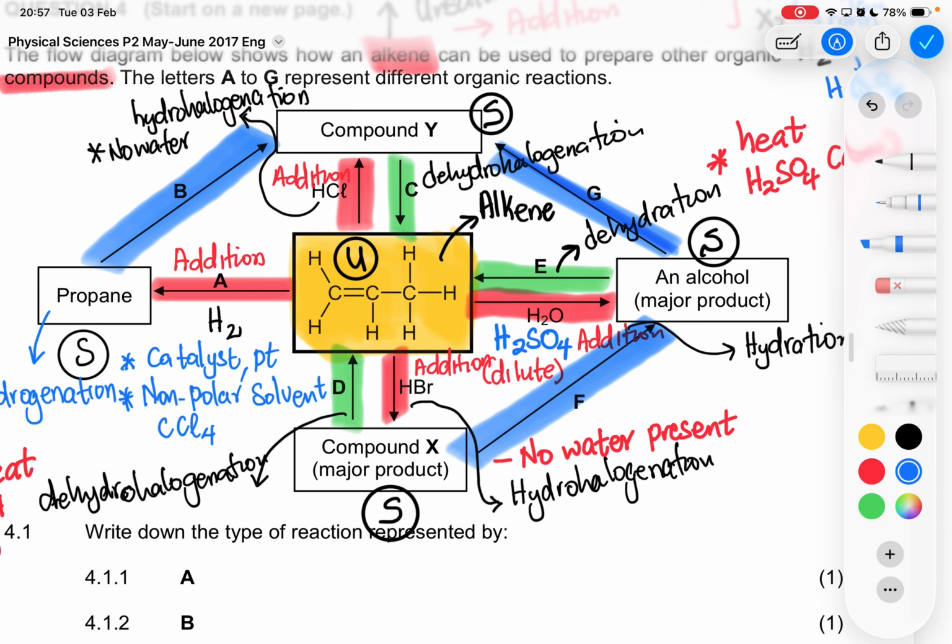They are substitution reactions. All of them. This is also substitution.